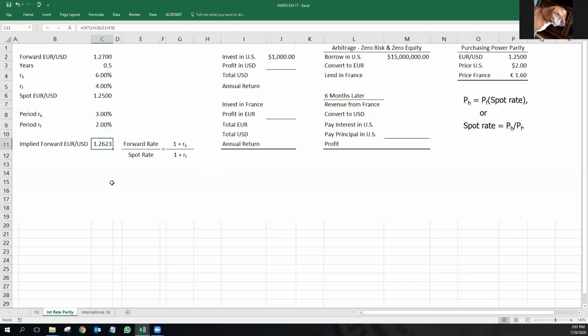What's important here is that, according to the current difference in the value of the currency and the difference in interest rates, in 6 months from now this is the implied exchange rate in the future.